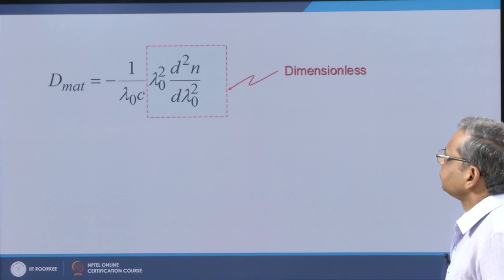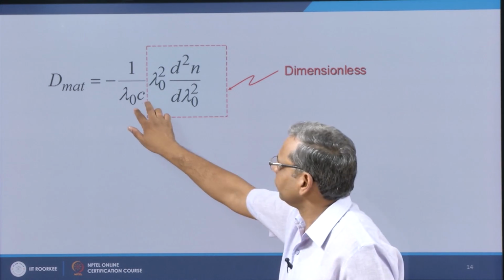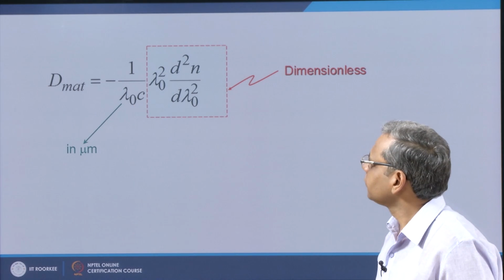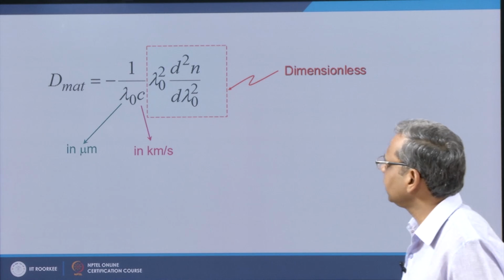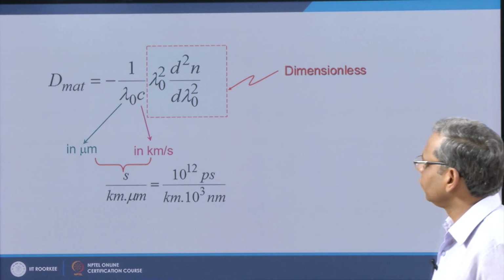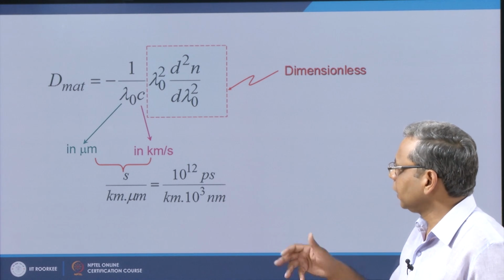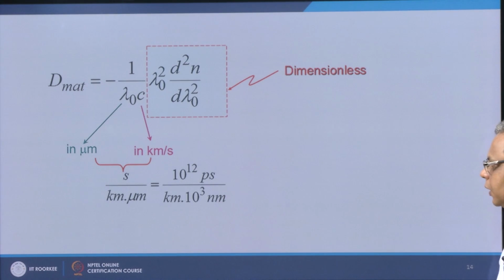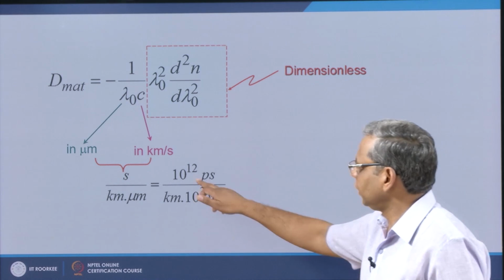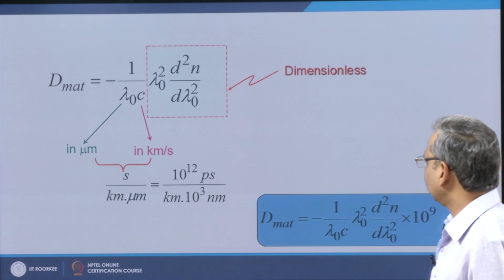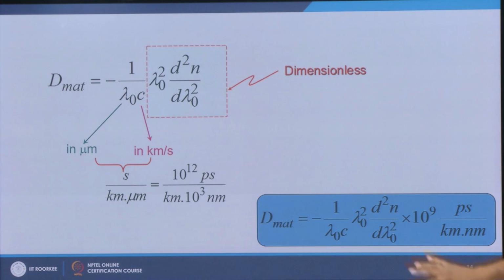So now the dimensions are coming from here. So, let me express lambda naught in micrometer and C in kilometers per second, then the dimensions would be seconds per kilometer times micrometer, and let me convert it into picoseconds per kilometer nanometers. So, this would be 10 to the power 12 picoseconds per kilometers times 1000 nanometers. So, it would simply be this much times 10 to the power 9 picoseconds per kilometer nanometer.